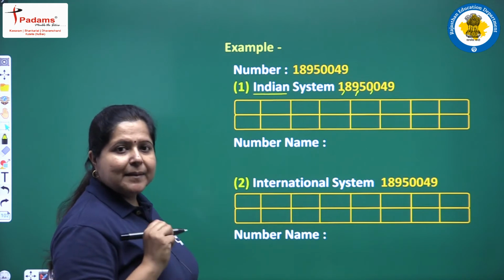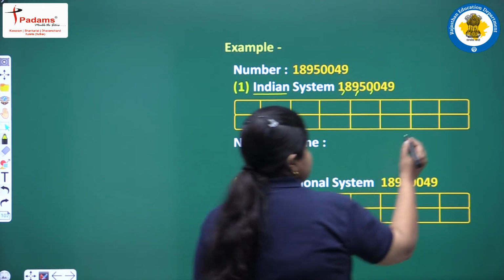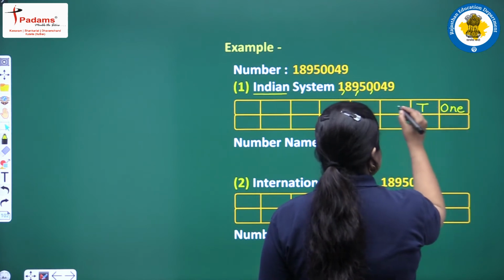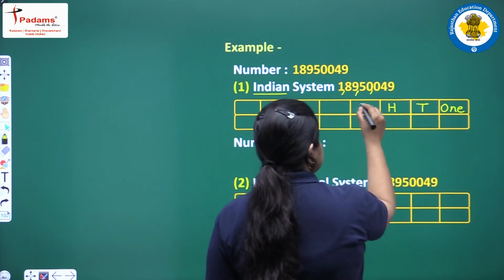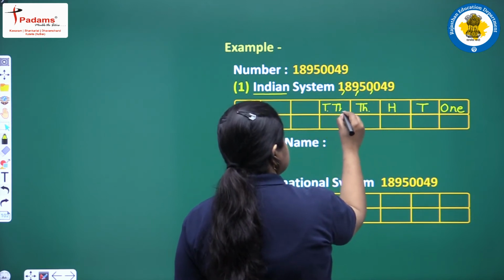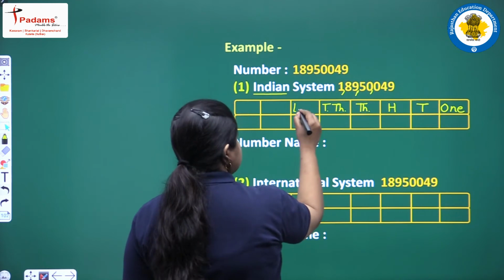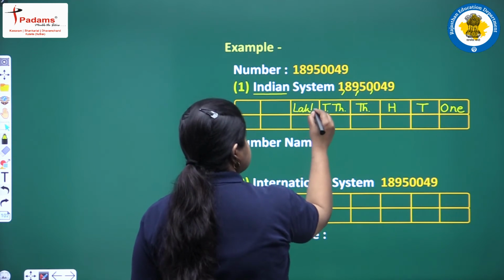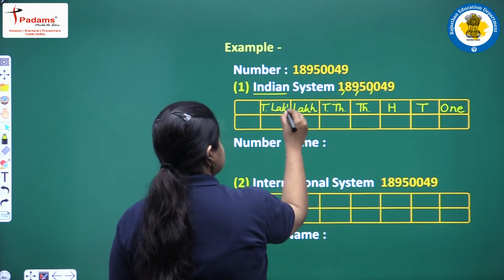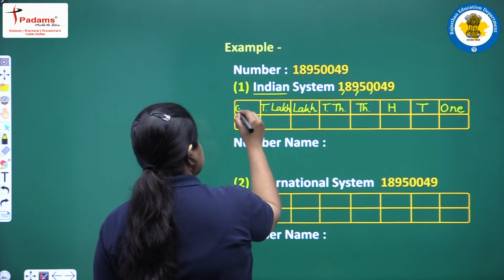Now, we will write up the place values. First, we have ones, then tens, then hundreds, then thousand, then 10,000, then we have lakhs in Indian system, 10 lakh, and then we have the crores.